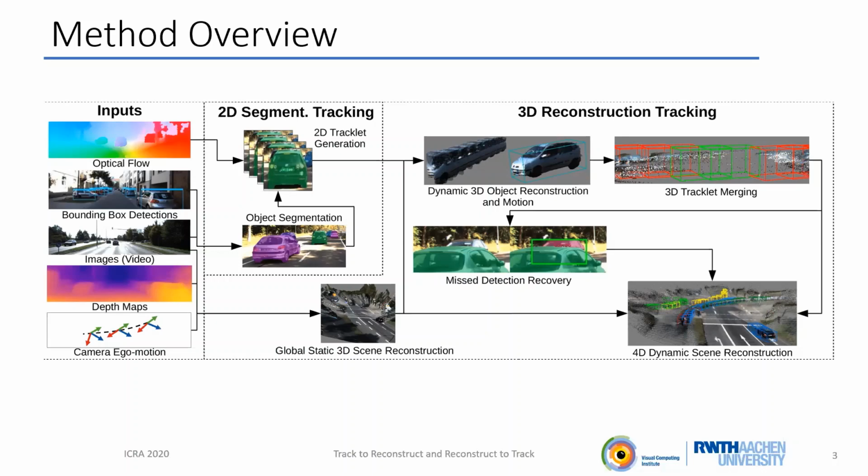This also gives us the 3D motion of objects throughout the scene. We are then able to merge tracklets together into longer tracks if they have consistent 3D motion. We are also able to fill detections between merged tracklets if the detector missed objects in between. Finally, we can combine all of our results into a global dynamic scene reconstruction.